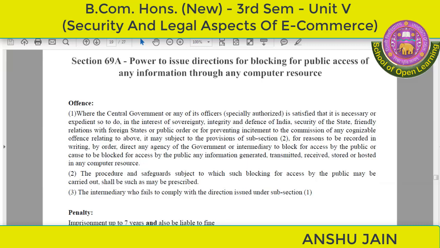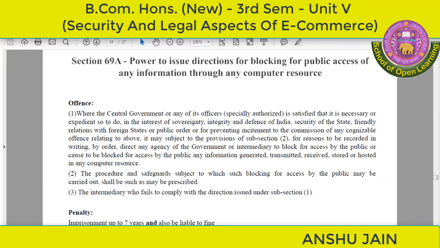Now, what is the offense? Where the central government or any of its officers who are specially authorized by the central government, in case the authorized person is satisfied that it is necessary or expedient to do so in the interest of the security of India, defense of India, or if in case you have friendly relations with foreign countries, then to prevent incitement to the commission of any offense which is related to above, where we are talking of the blocking of any kind of information for public access, then you may direct by giving orders in writing.